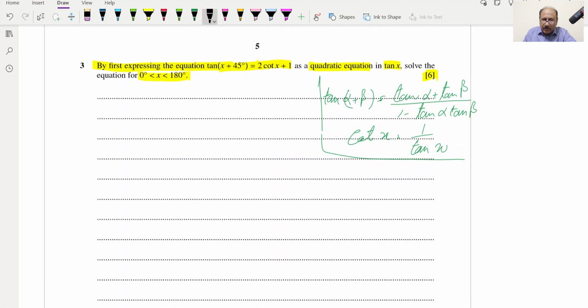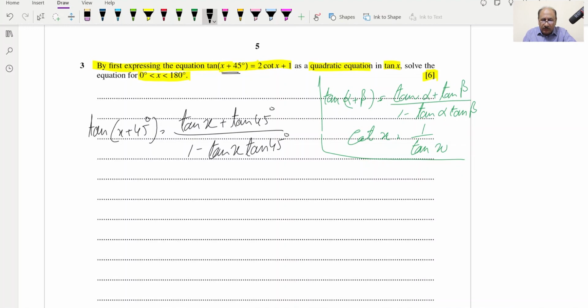Our equation will be in terms of tan of x plus 45, so our alpha is x and beta is 45. So we can write tan of (x plus 45 degrees) will be equal to tan of x plus tan of 45 degrees, divided by 1 minus tan of x tan of 45 degrees.